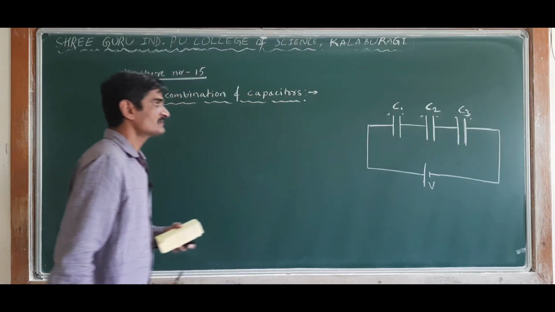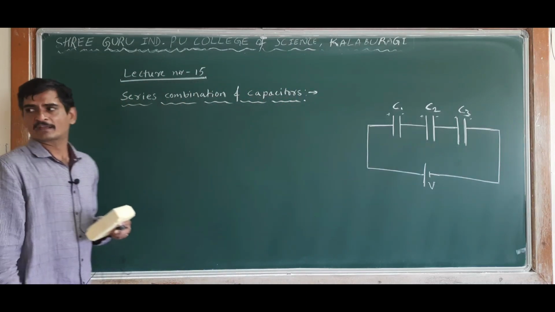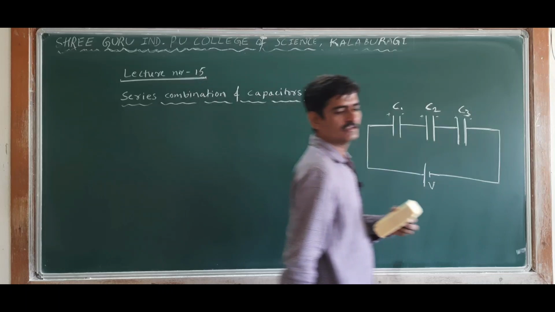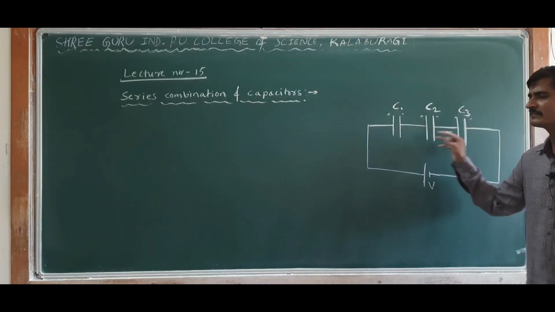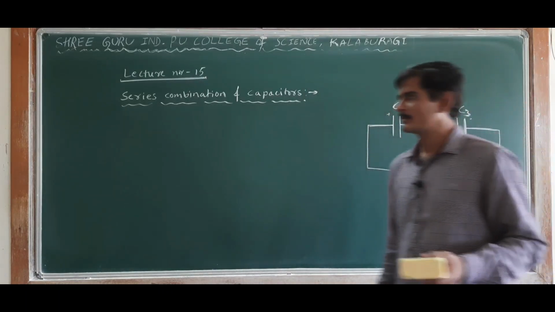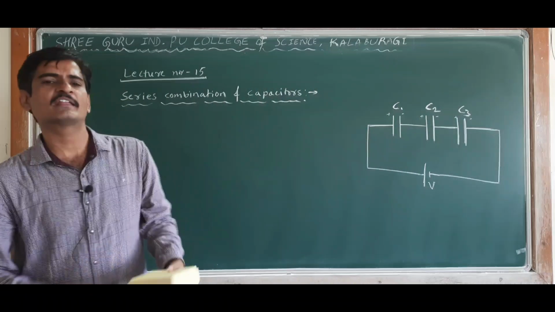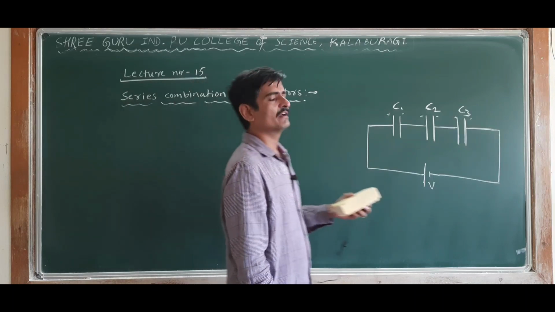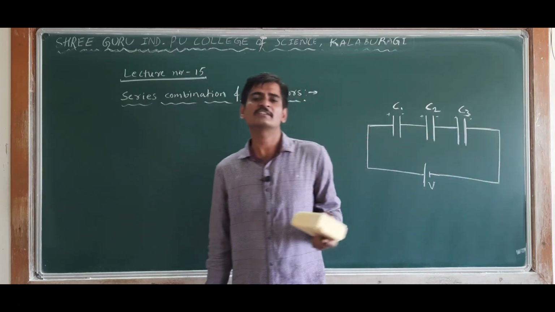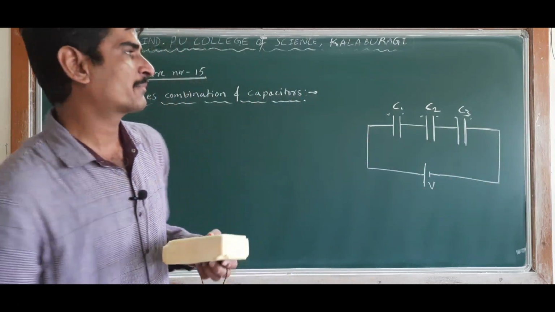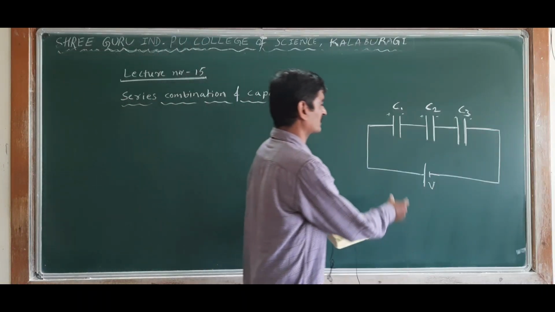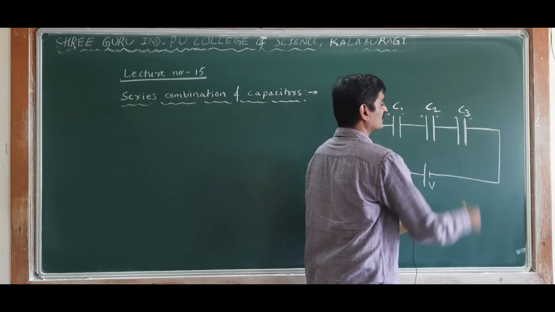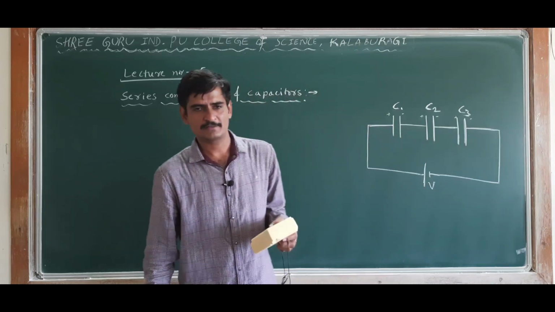In the series combination, when the capacitors are connected in series, the charge on each capacitor will remain the same, and the potential difference across each capacitor will be different.